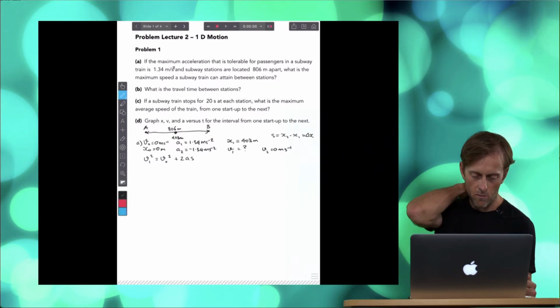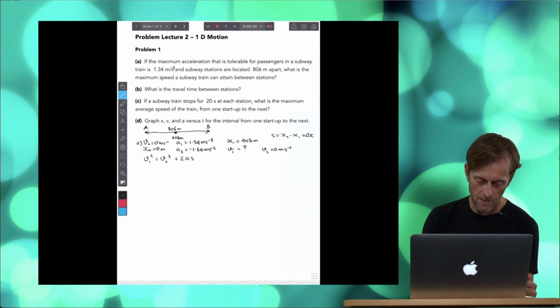Okay, so we are looking for V1, so we're going to have to square root both sides. V0 disappears because it's 0. 0 squared is 0. So we just get 2AS in here. Now we can just put the values in.